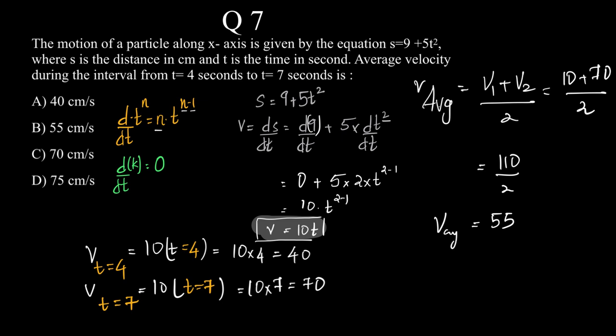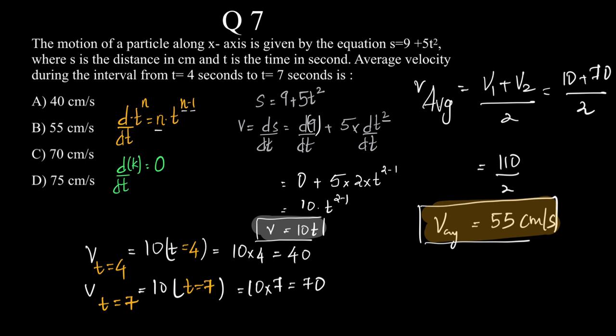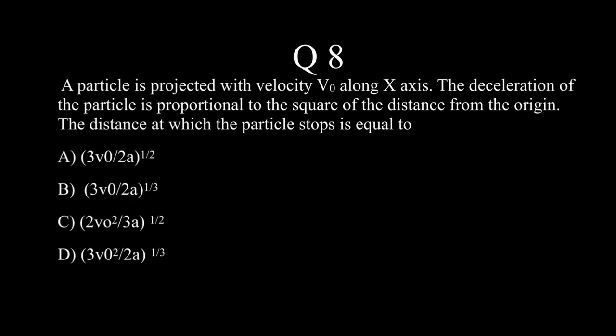So v average here is equal to 55, not kilometer per hour but centimeter per second, which marks the correct answer as option B. So this is our final answer, 55 centimeter per second.